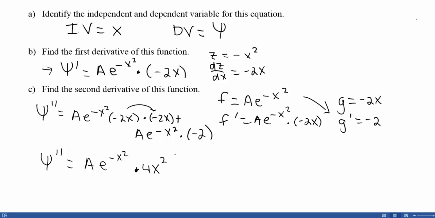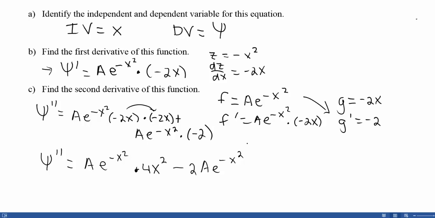Now I'm going to pull the minus to the front and write this as minus 2a e to the negative x squared. I could have left the 2 at the end. That would have been perfectly fine as well. But I decided to pull it up front because a lot of times we like to group our constants in the front. This is a good way to represent the second derivative with all of our terms, remembering that a here is a constant.